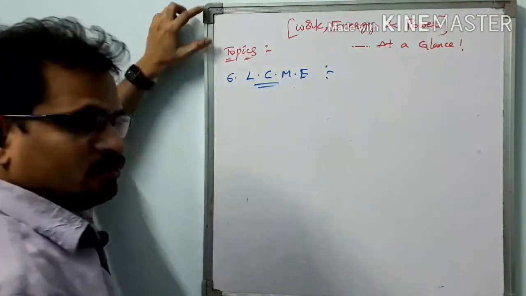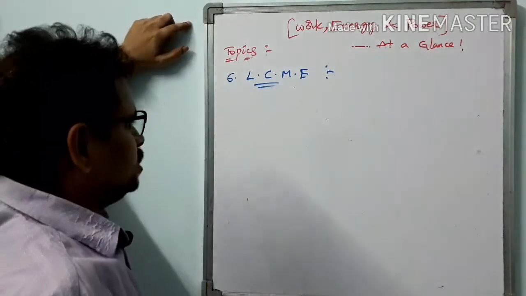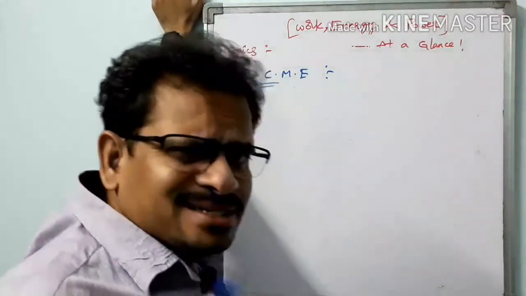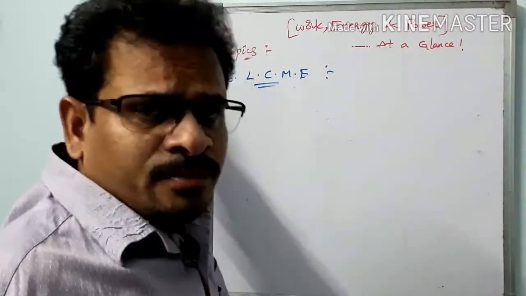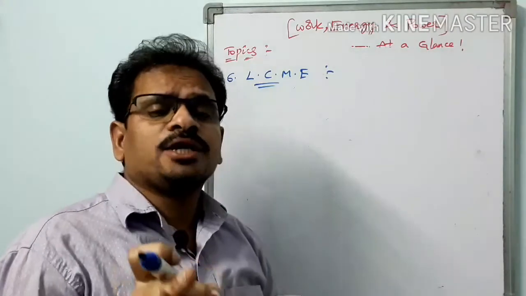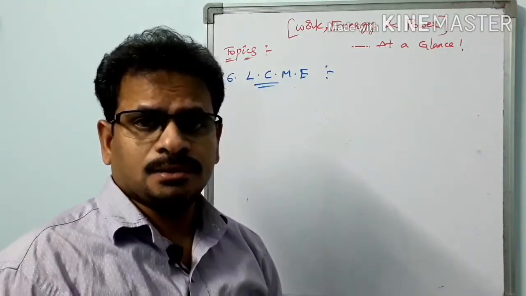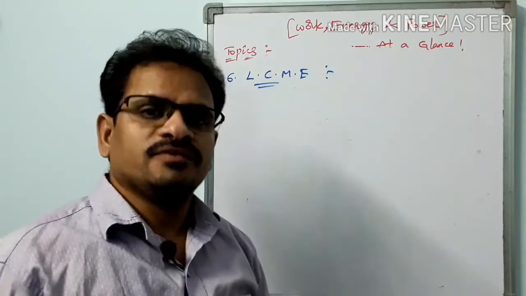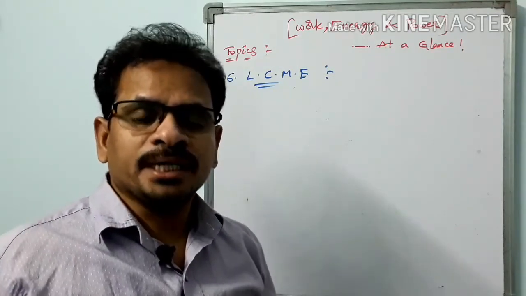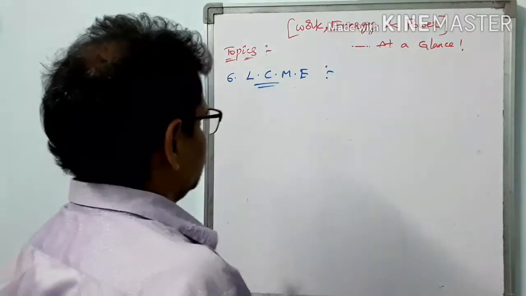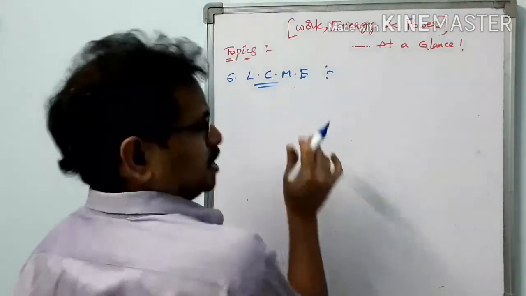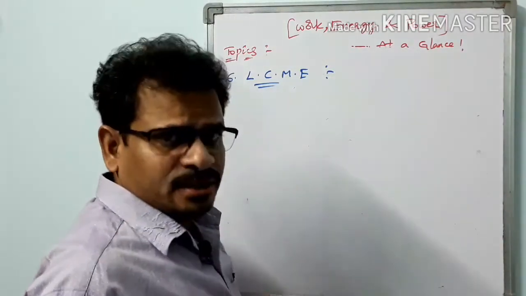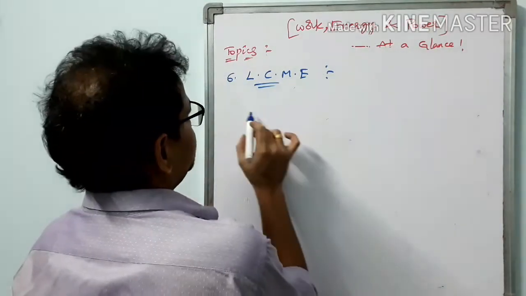Law of conservation of mechanical energy. Let us consider a system which is acted upon by only conservative internal forces and no other forces are acting. If they are acting, let the work done by them be 0. So, if only conservative internal forces are acting on a system, what is the change in potential energy?